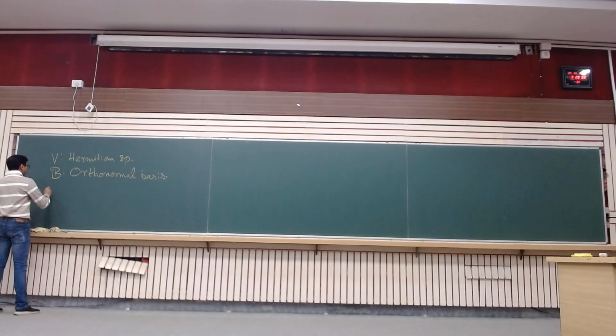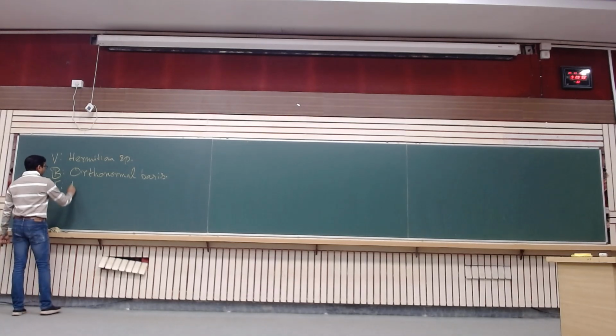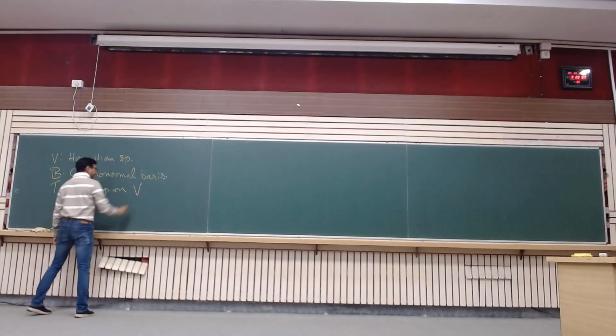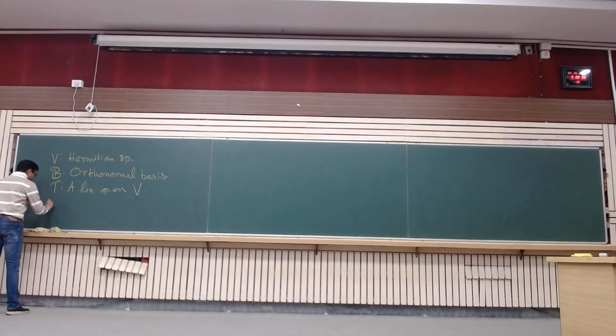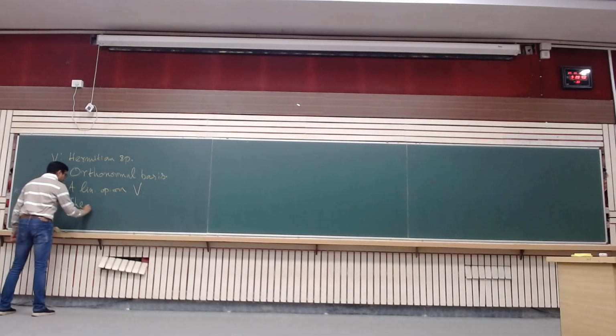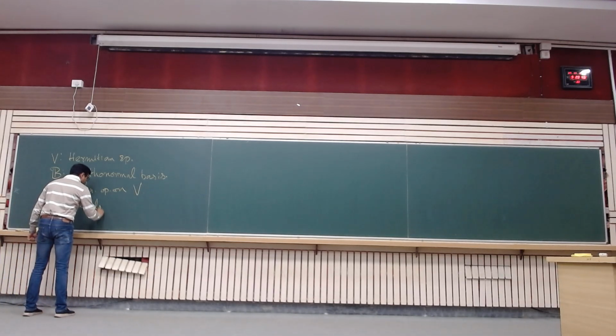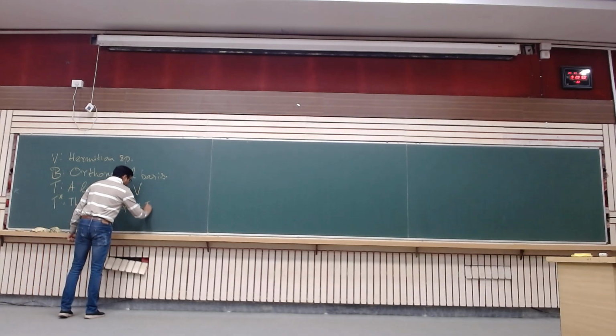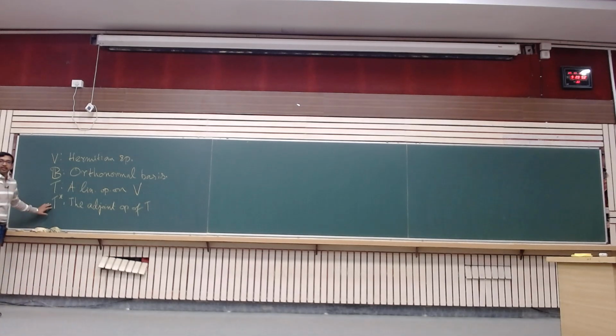And then we are defining, well, at first, let T be a linear operator on V, and T star the adjoint operator of T. Since for example you were not in the last class, let's recall how we defined this T star.